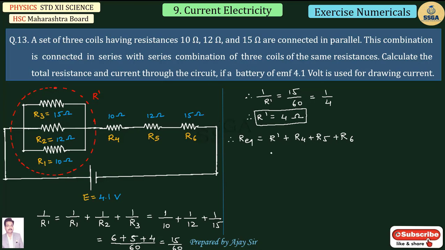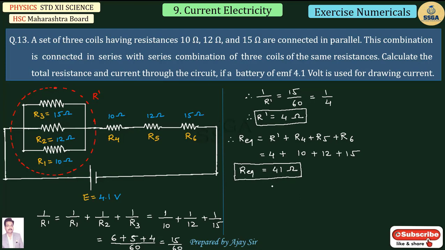This is equal to 4 plus 10 plus 12 plus 15. After adding, you will get 41 ohm. That is R equivalent, equal to 41 ohm, the equivalent resistance of the given circuit.